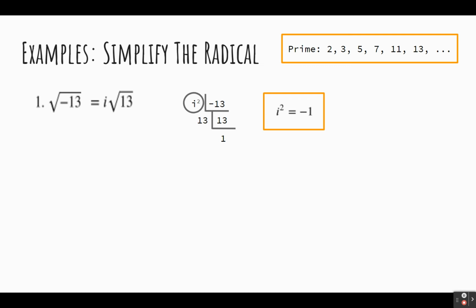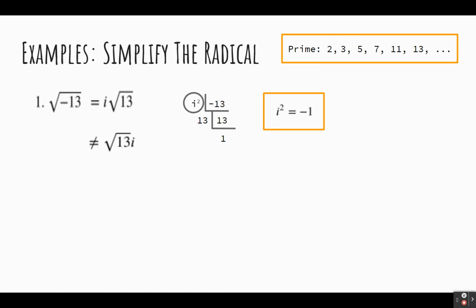Because we had a pair of i's, it gets to go on the outside, and the 13 stays on the inside. Notice you would not write the square root of 13 and then i. We want to make sure that the i is outside the radical, and if you write it after the radical, it may be confused as being inside, and that would not be correct.